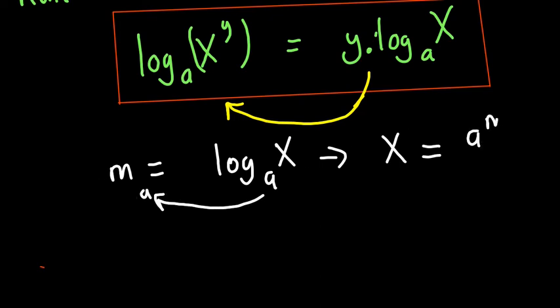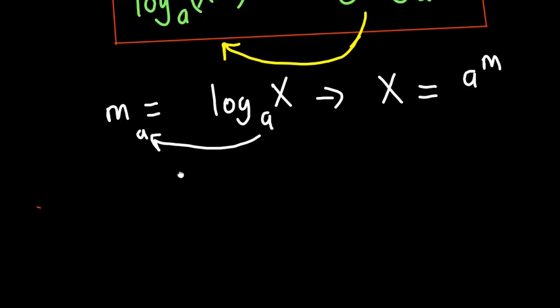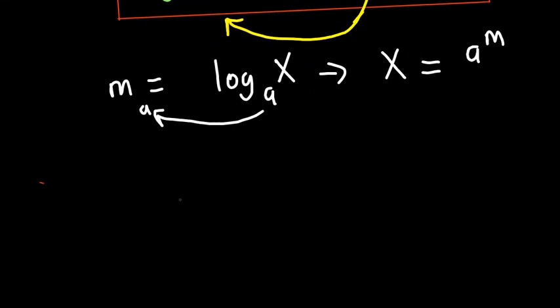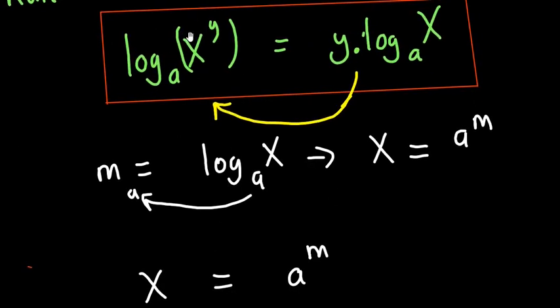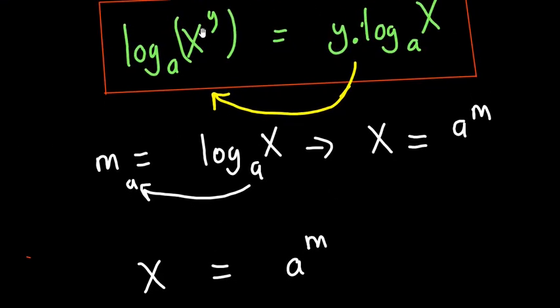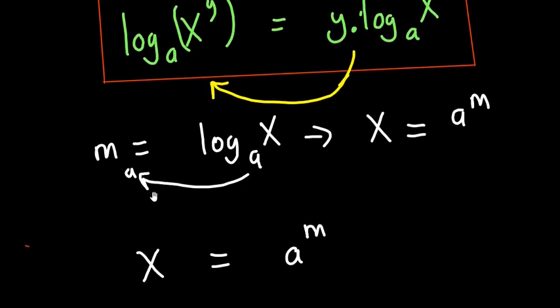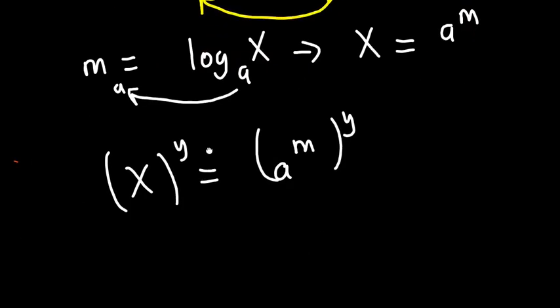So we are just transitioning from logarithms to exponentials. Since we have x now equal to a to the m, and x is raised to the power y, we should simply multiply everything by power y.